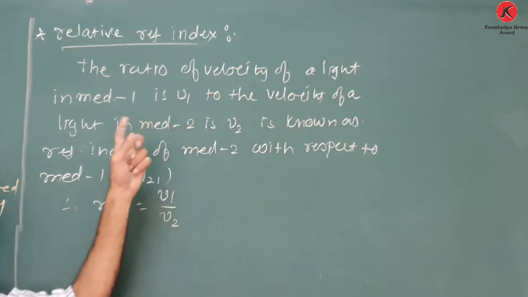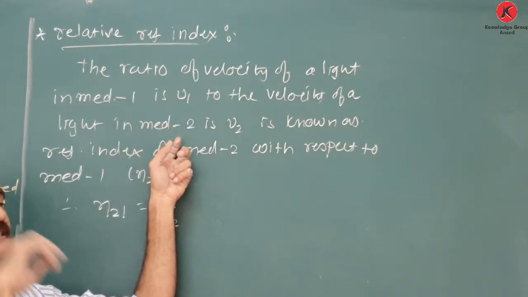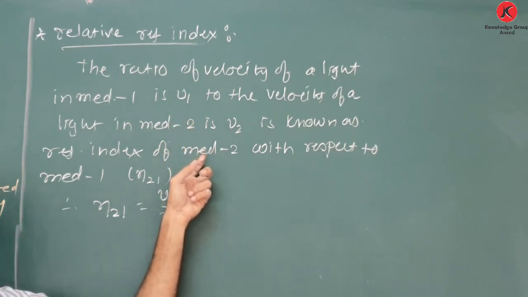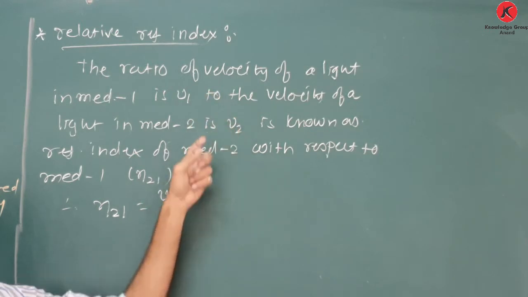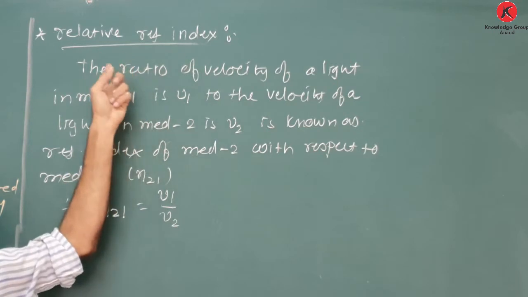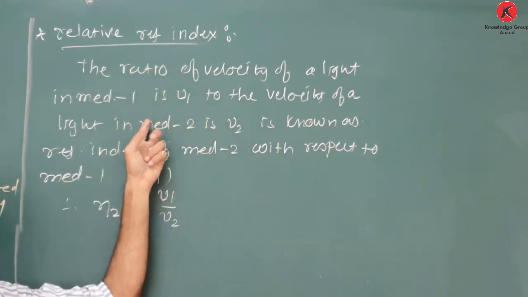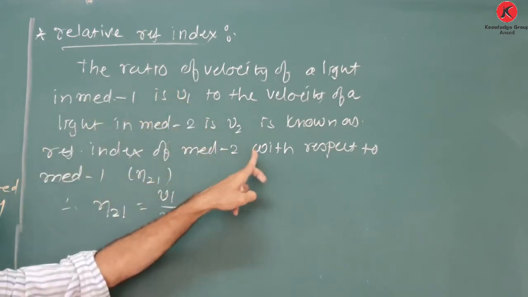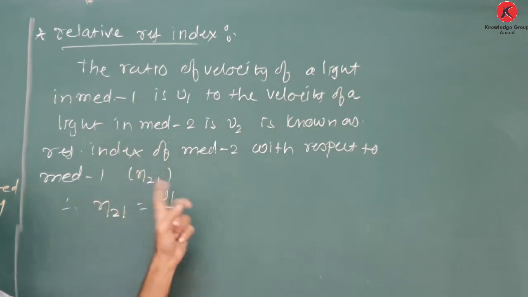Now in the absolute refractive index, another medium is not present, so as a reference medium we consider the vacuum. But here two media are given, medium 1 and medium 2. Therefore, we take the velocity of light in medium 1 as v1 and in medium 2 as v2. The ratio of v1 to v2 is known as the refractive index of medium 2 with respect to medium 1.